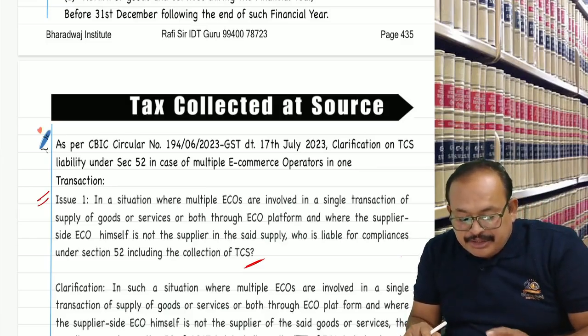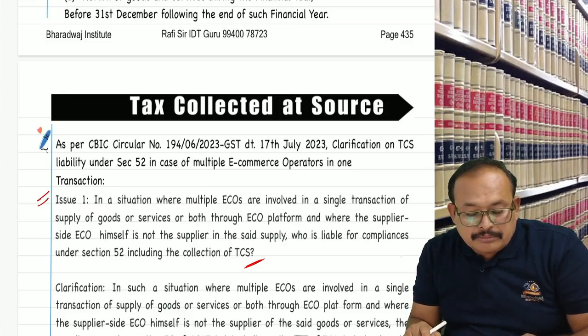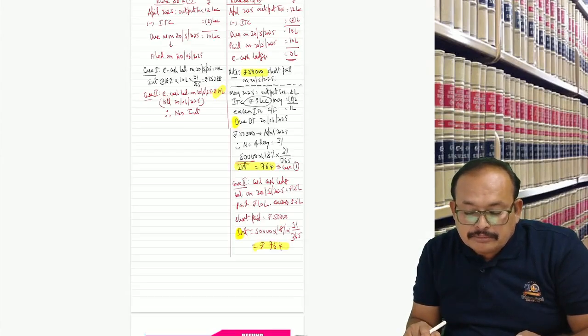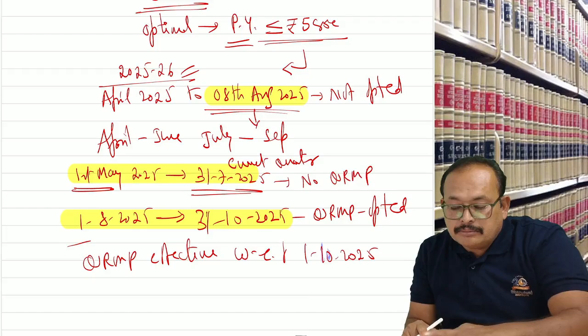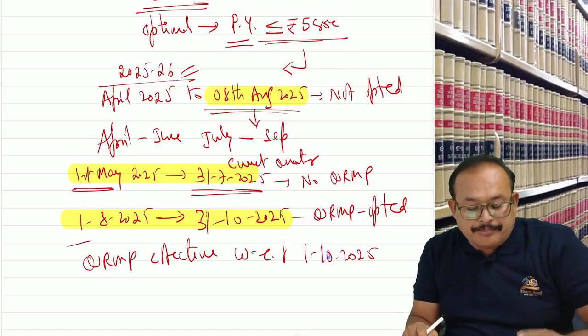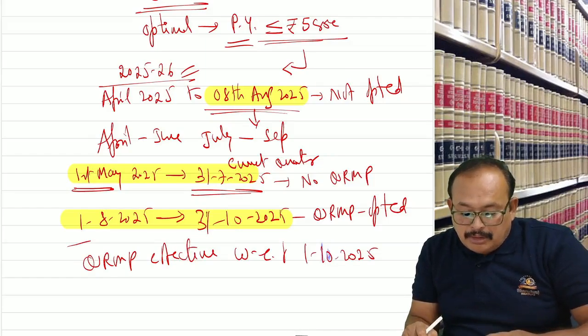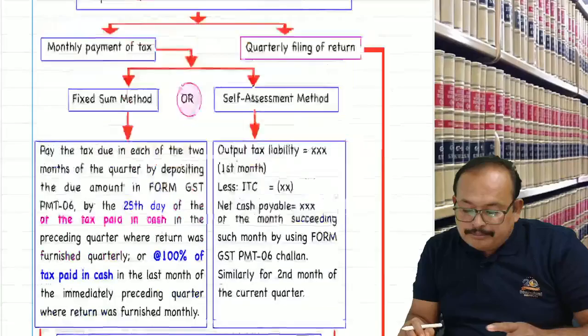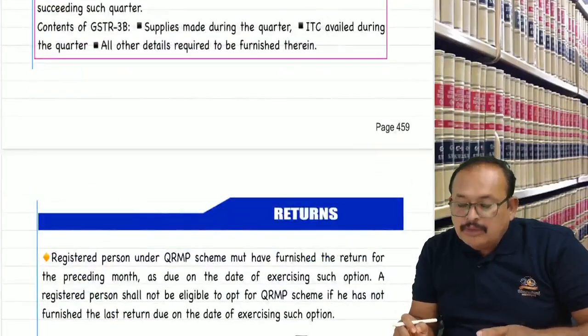Returns under GST, QRMP, page number 459.